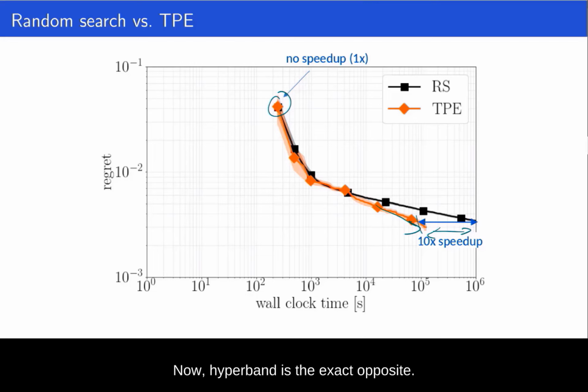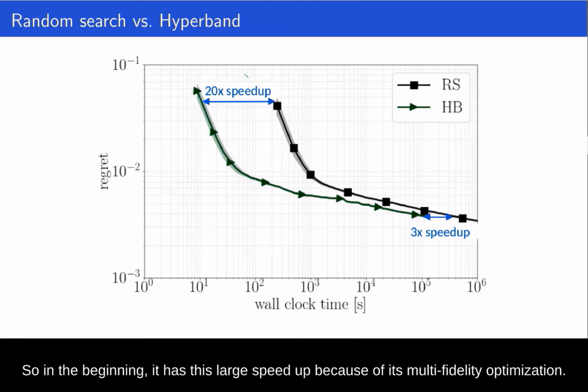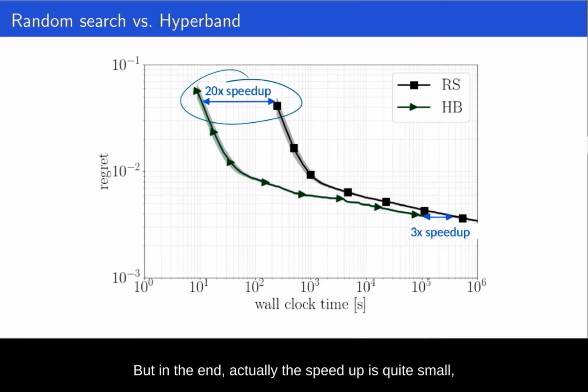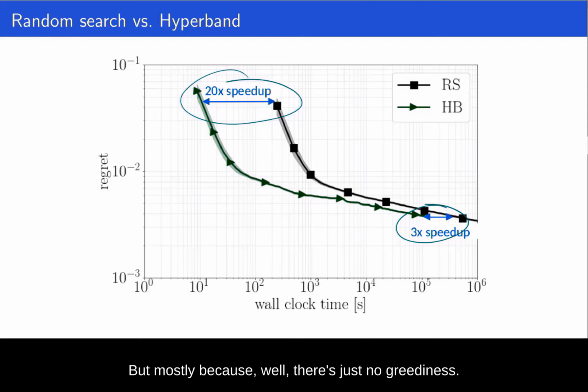Now, Hyperband is the exact opposite. In the beginning, it has this large speedup because of its multi-fidelity optimization. But in the end, the speedup is quite small, partly because it has a lot of overhead by running random search for a substantial part of its runtime, but mostly because there's just no greediness.